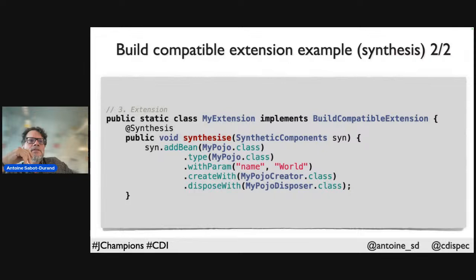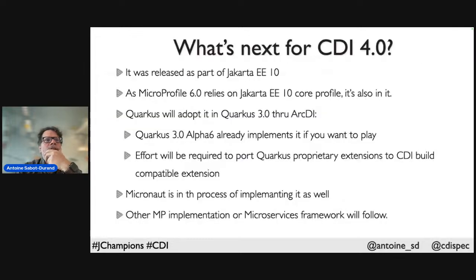I give a specific list of parameters in my synthesis that I will be able to use at the create time, and I give the creator and the disposer of the bean. Okay, and that's it. So with that, I created a new synthetic bean at build time. So that's roughly it.